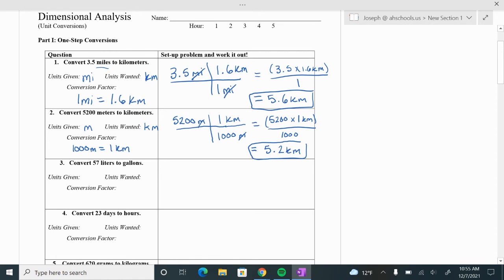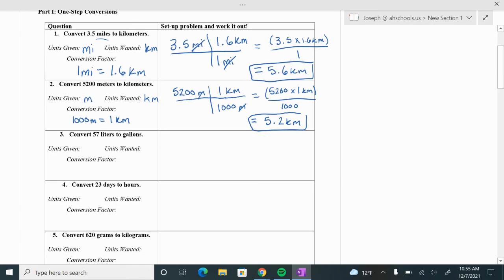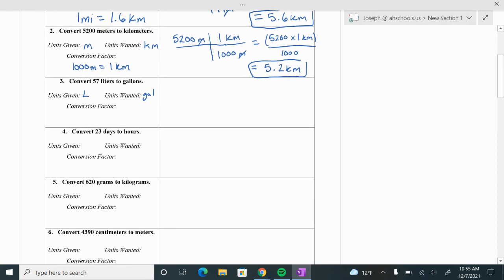On questions 3, 4, and 5, convert 57 liters to gallons. The units we were given are liters, and we want gallons at the end. Number 4, convert 23 days to hours. We were given days, and we want hours in the end.